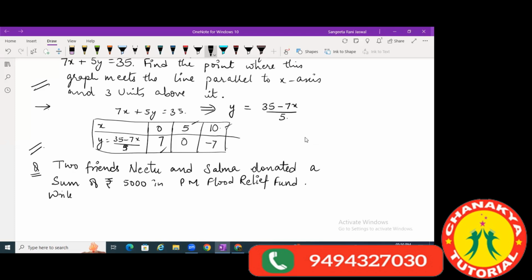Write a linear equation with two variables for this situation and draw its graph.